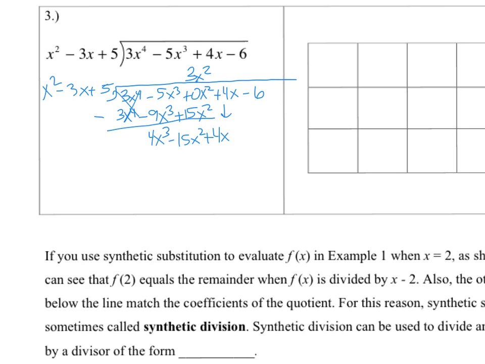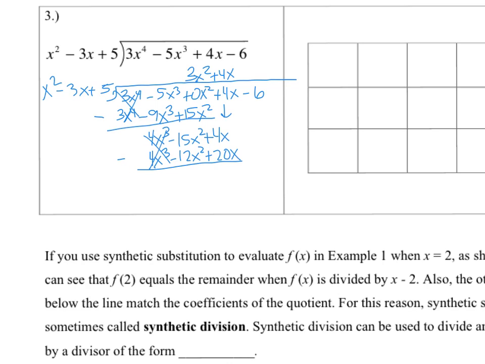So now we have 4x cubed divided by x squared, and that's going to leave us with 4x. So 4x times all of this gives us 4x cubed minus 12x squared plus 20x, and we subtract. 4x cubed, take away 4x cubed is 0. I've eliminated that place value column and checked off another checkpoint.